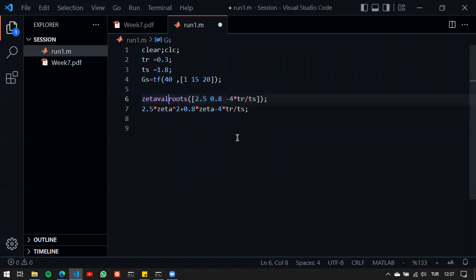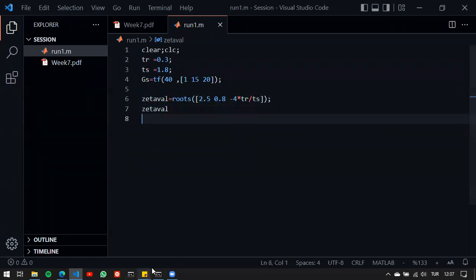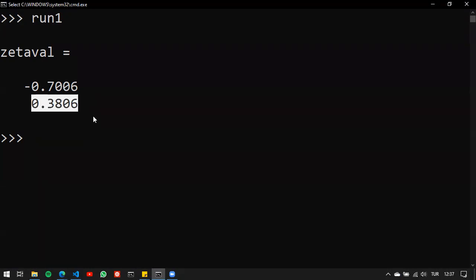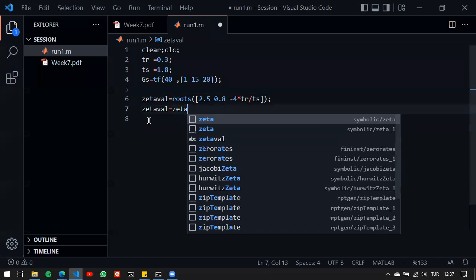And let's say zeta val equals this, and then see what zeta val is here. So let's run it. Now we can see that we have one negative value and one positive one. So we're going to choose this positive one, which is fairly easy.